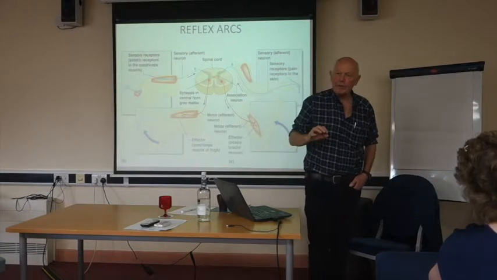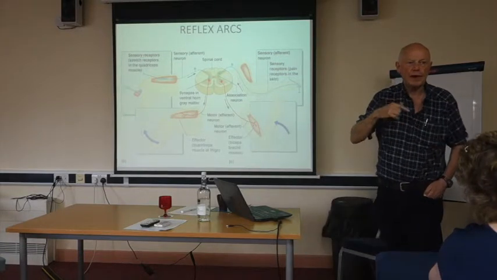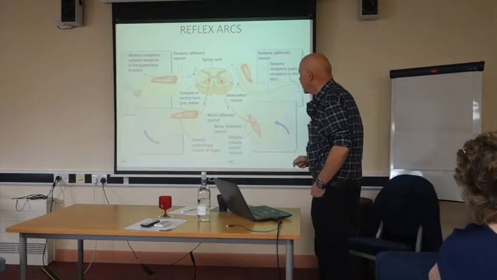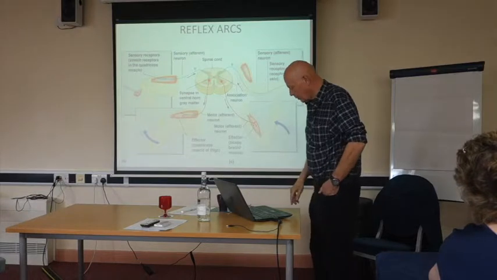And again, that happens at spinal cord level. You don't have to wait for it to go to the brain and come back again. So they're the reflex arcs that we talk about.